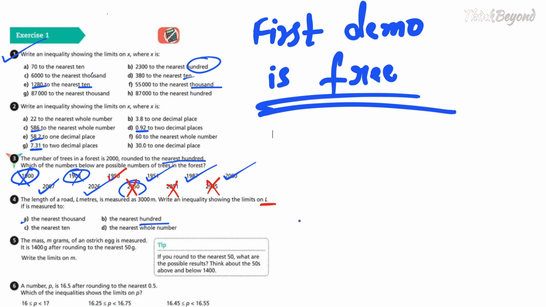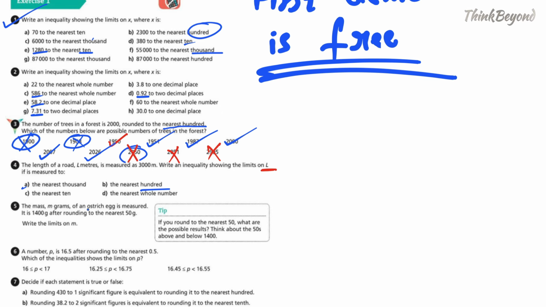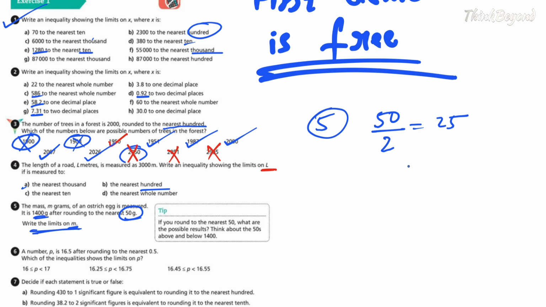Now come to question number 5. It says the mass m gram of an ostrich egg is measured. It is 1400 gram. After rounding to the nearest 50, write the limit on m. Okay, let's do it. It says nearest 50 gram, right? Half of 50 is 25 and it was 1400 gram.